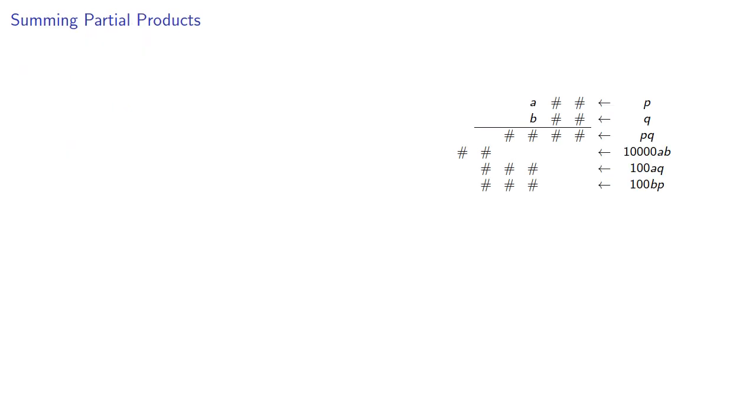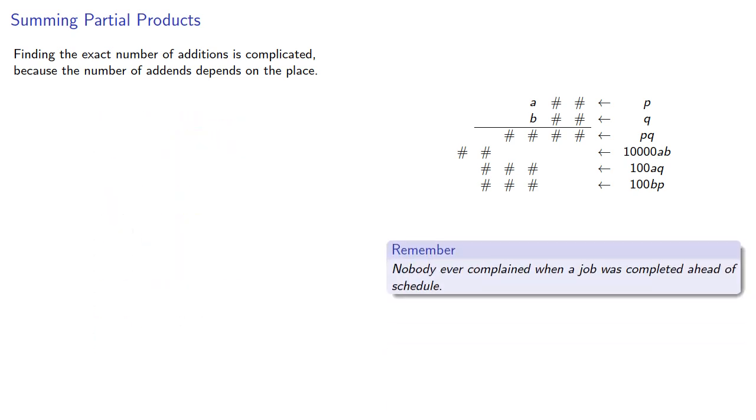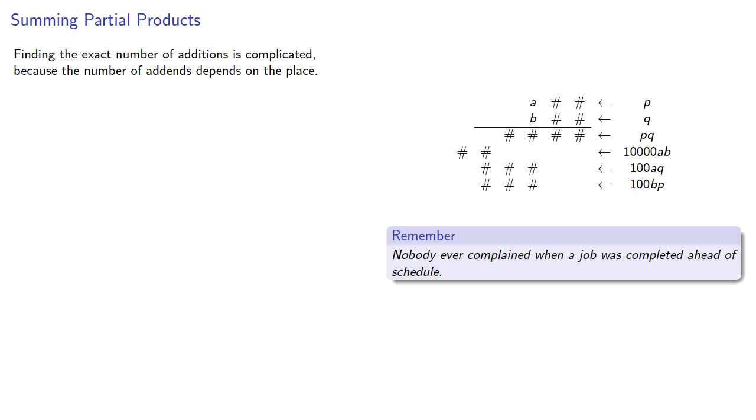Now let's consider the problem of summing the partial products. Finding the exact number of additions is complicated because the number of addends depends on the place. But remember, nobody ever complained when a job was completed ahead of schedule. So if we overestimate the number of steps, then the actual number of steps will be less and we'll be fine.